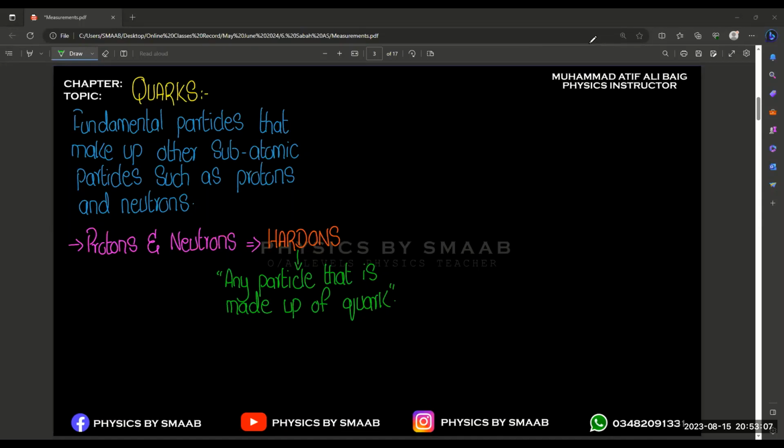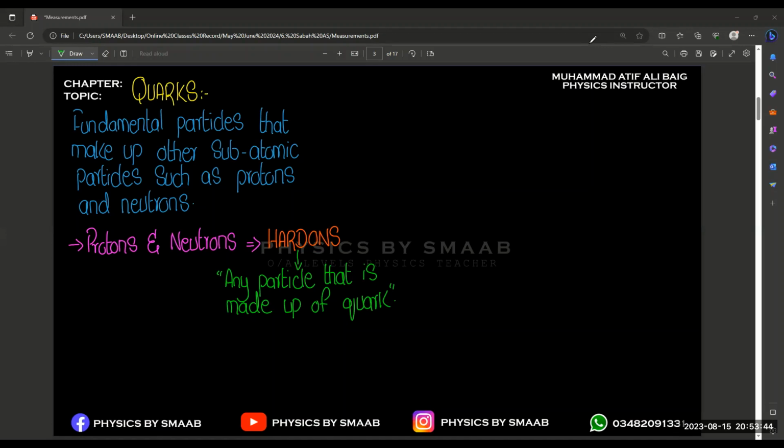So basically, we were talking about quarks. Just leave the neutrino, which was related to electrons, and the negative part for the time being. We are only focusing on the positive part. For the positive part, first we discuss protons and neutrons. These are the main particles. And if we talk about the subatomic particles, we have quarks, and in quarks we also have subcategories, the names of different quarks.